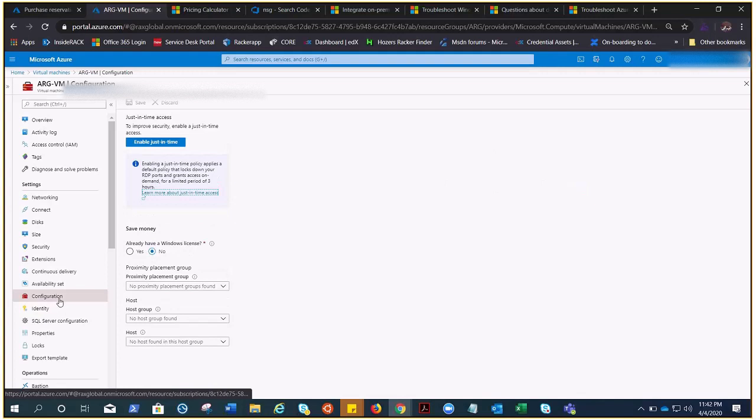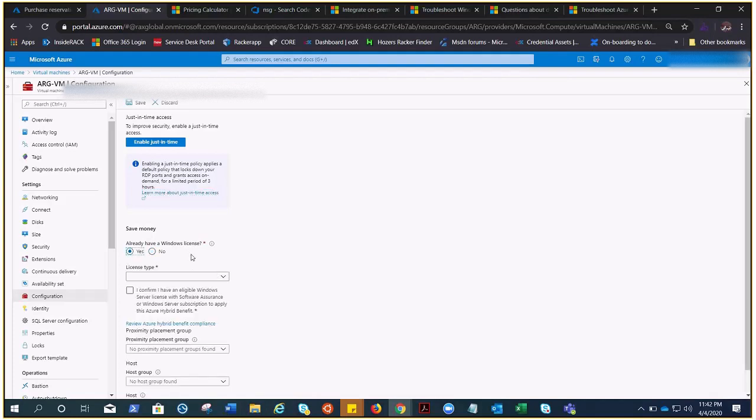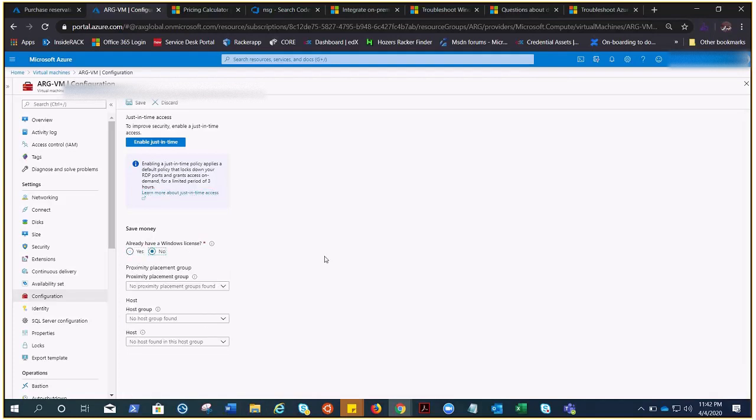For example, for the machines that are already spun up in Azure, you can go to the configuration. Okay, go save money. Already have a license, say yes and put your license there, save the money. You can also use the save money option during the creation of the VM. Use the Azure hybrid benefit and utilize your existing license.